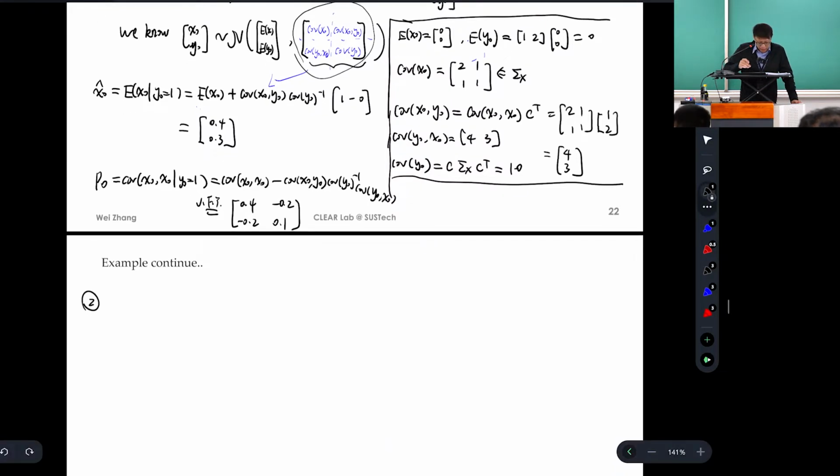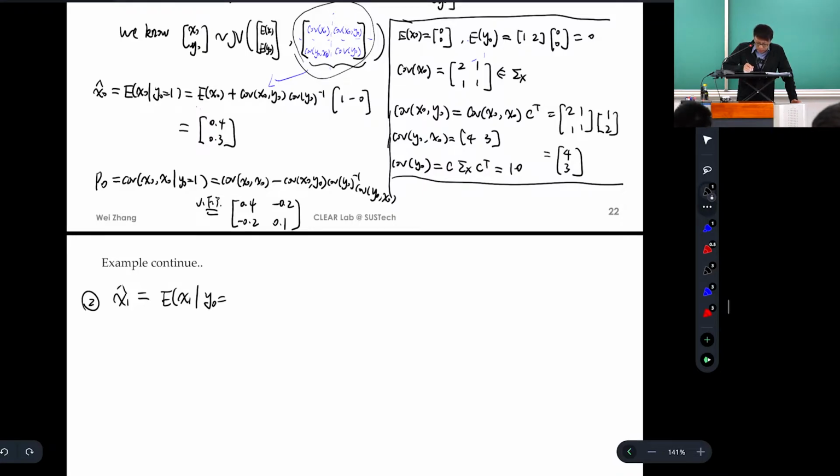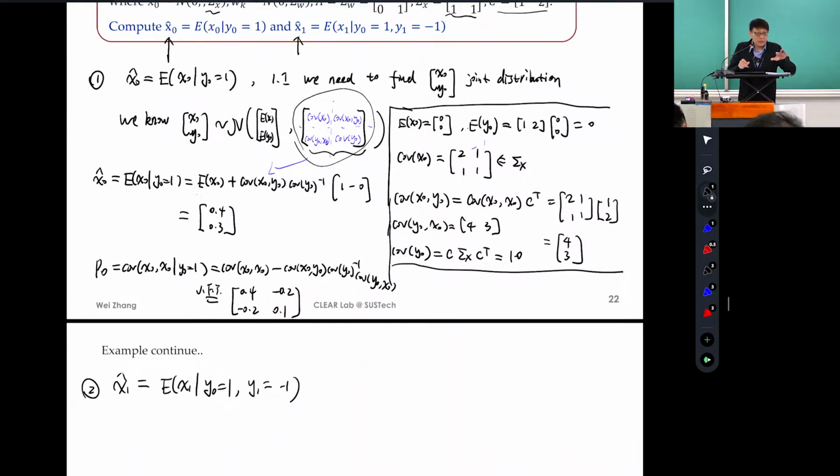The second step, all right? I want to compute the best estimate of x1 given y up to time 1. What is it? It's the expectation of x1 given y0, which is still given, and y1, negative 1. Now time moves to time 1 and you see another measurement y1.